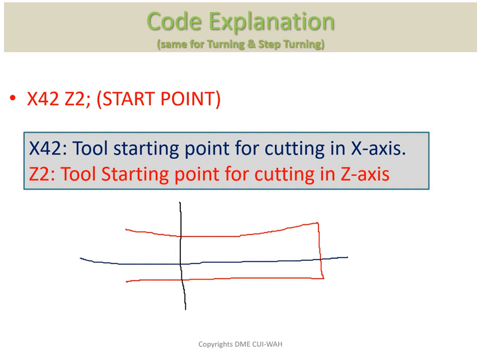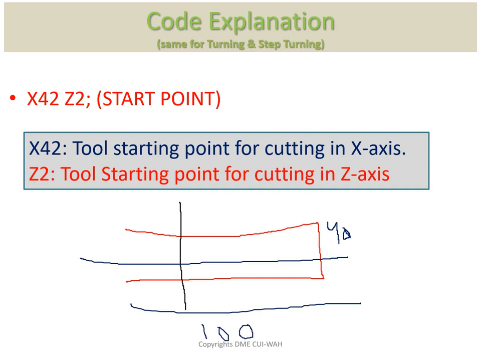So X42 and Z2, these are used to give the initial points to the tool. As you remember, our diameter was 40, and the length of our workpiece was 100 mm.